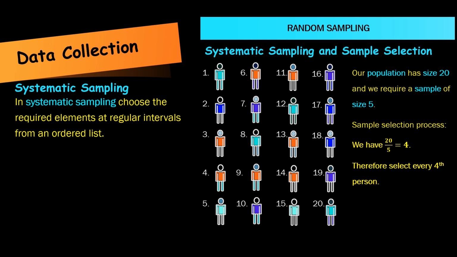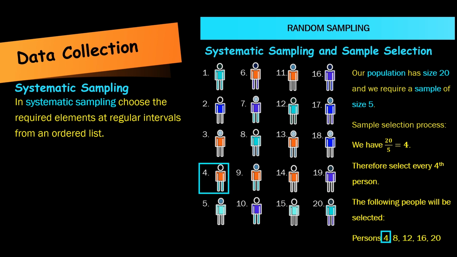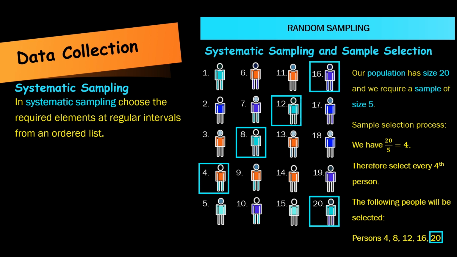So we select every fourth person from our list. And the following people will be selected. Person 4, person 8, person 12, person 16, and person 20.